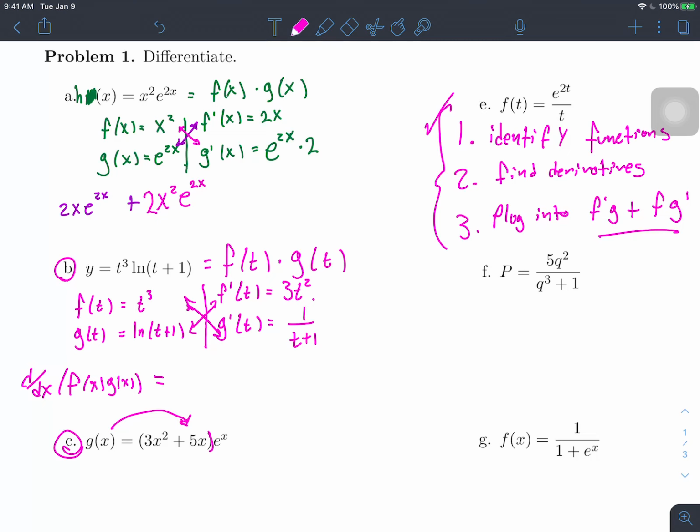That's 3t squared, and I multiply that by regular g, that's ln of t plus 1. And then I'm going to add, and I'm going to do the other crisscross: f times g prime. So that gets me t cubed all over t plus 1. And that's going to be my answer.